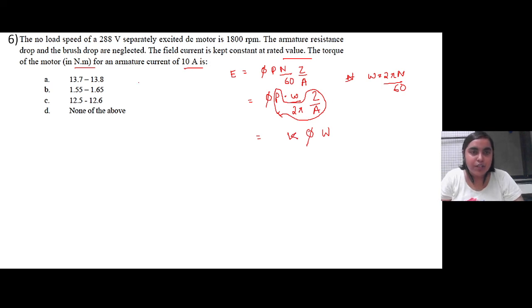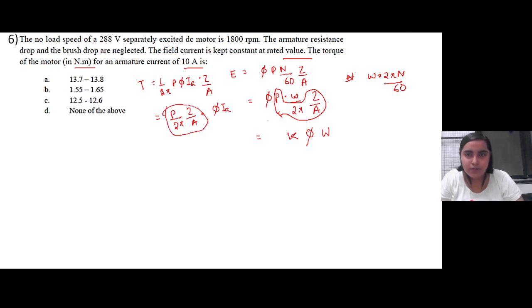Now if you look into the equation of torque, which is given by 1 by 2 pi P phi Ia into Z by A, you see P by 2 pi into Z by A times phi into Ia. This constant is the same as that we have equated to be k. So this is also equal to k phi into Ia. So torque is given by k phi into Ia. Let us denote this by equation 1.